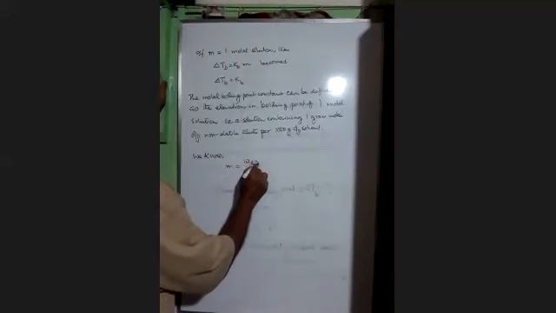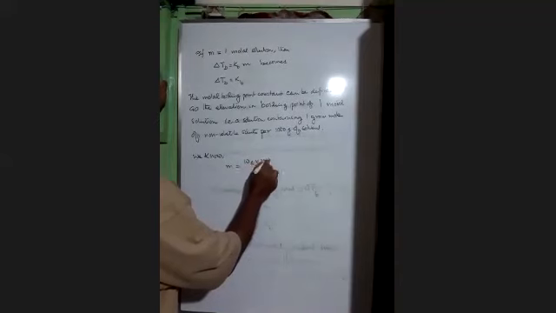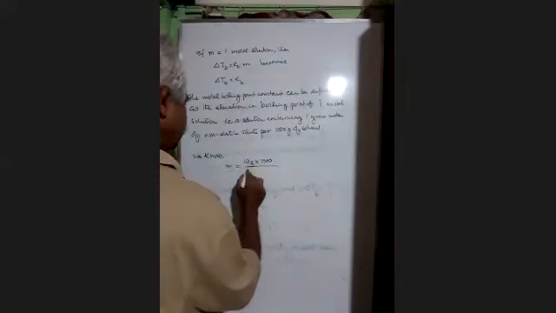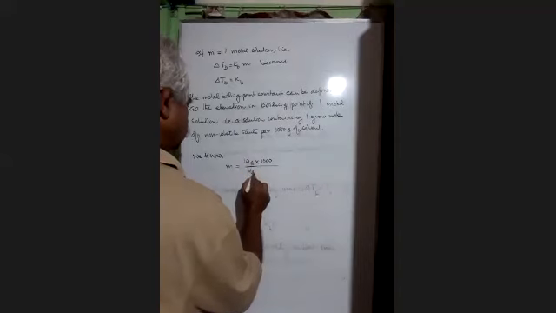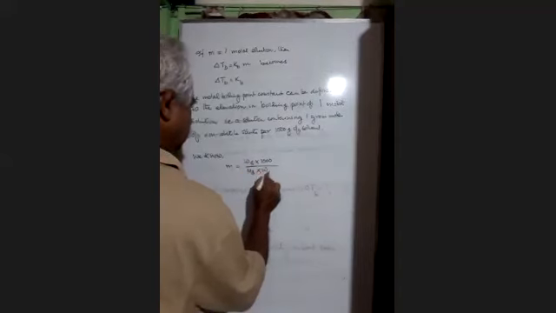We know m is equal to WB into 1,000 divided by MB into WA.